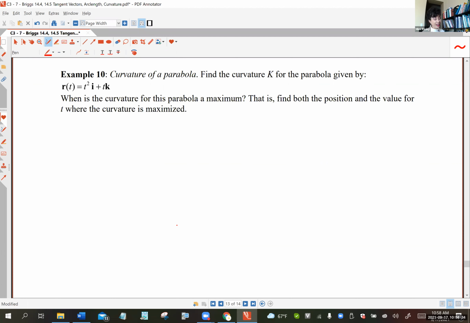I'll just tell you right now, it will be a disaster because you're going to have quotient rule and within the chain rule, and it's a lot of radicals floating around, and it gets pretty ugly. You can do it, but it gets ugly. So a better way to circumvent that is to use the cross product version of your curvature. So you don't have to run into all these really messy derivatives.